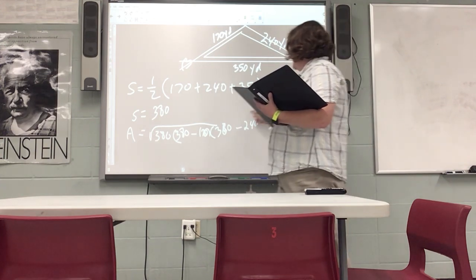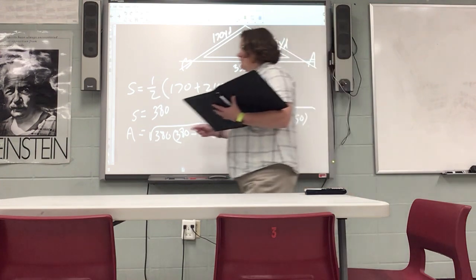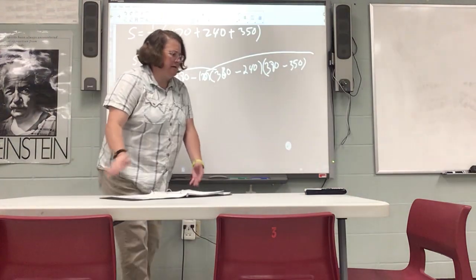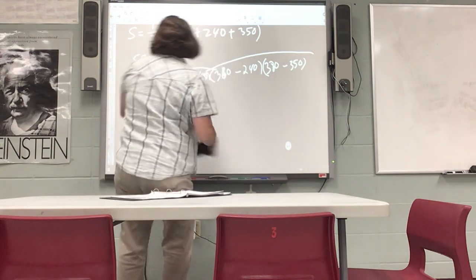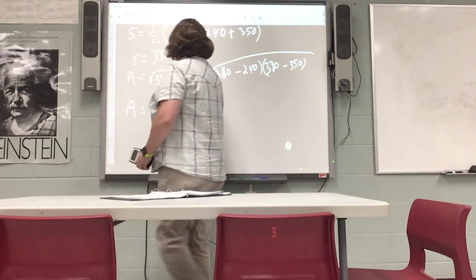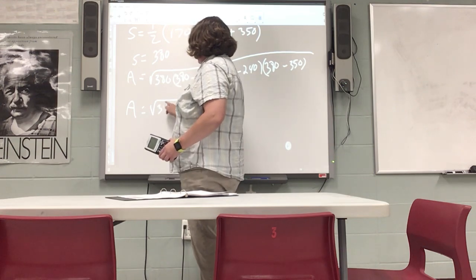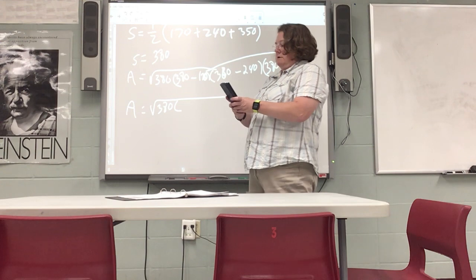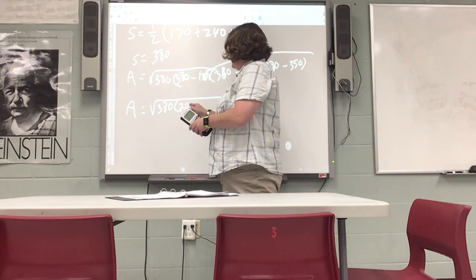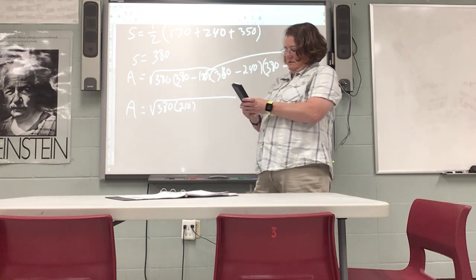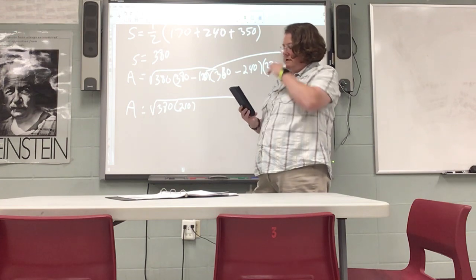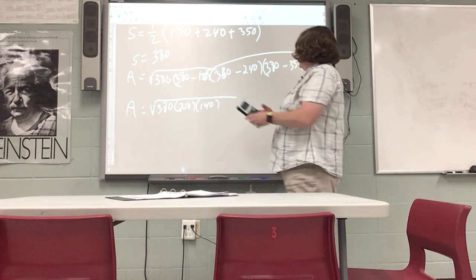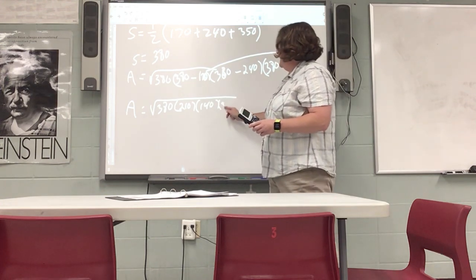And all of that is underneath the radical. Big old radical. I'm gonna simplify all my parentheses first, just because I want to. 380 minus 170 is 210. 380 minus 240 is 140. And 380 minus 350 is 30.